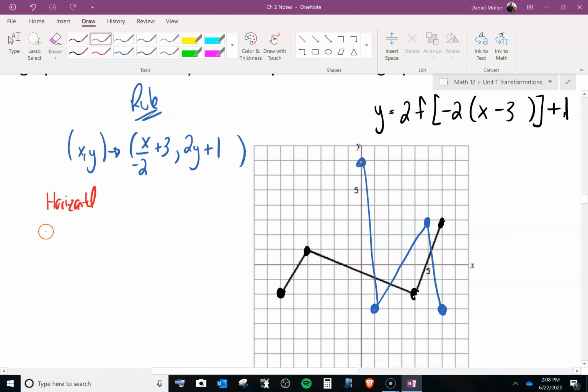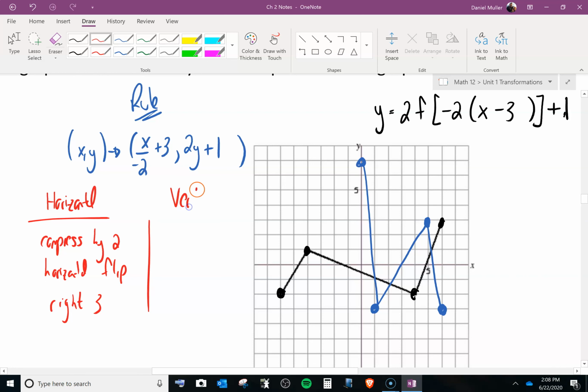So I'm compressing it by 2. So horizontal, compress by 2. And then I also have a horizontal flip because it's a negative. And I have a +3, so I'm moving it right. The horizontal direction, a +3, so right by 3.